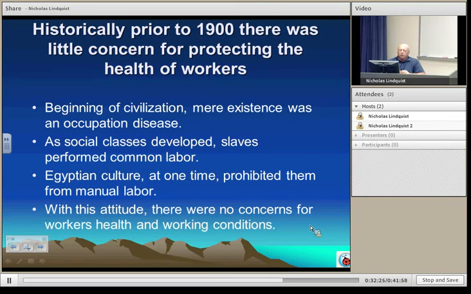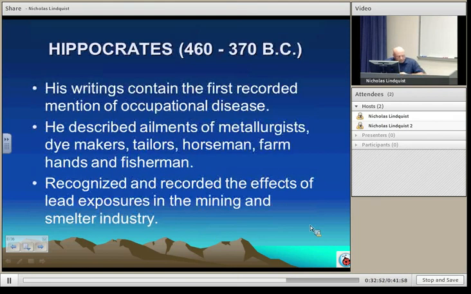He described ailments of people who worked in the mining industries, metallurgists, dye makers, tailors, horsemen, farmhands, fishermen, and so on. And one of the significant things he did, he recognized and recorded the effects of lead exposure in the mining and smelting industry. And ironically, lead is still one of our biggest hazards that we encounter in the workplace.